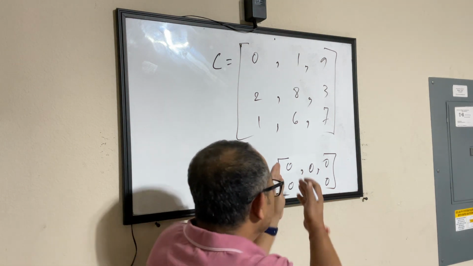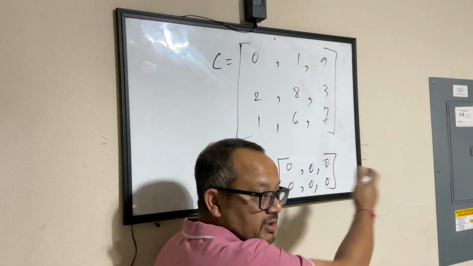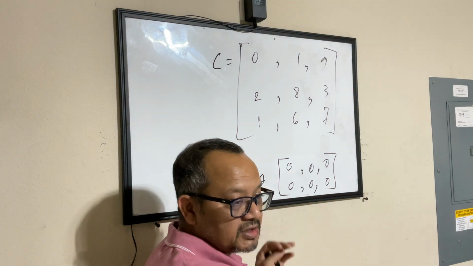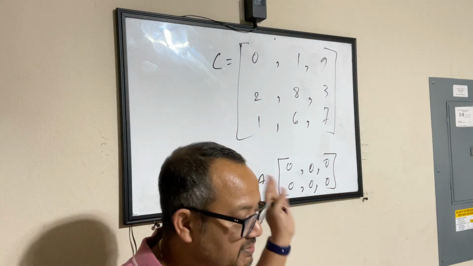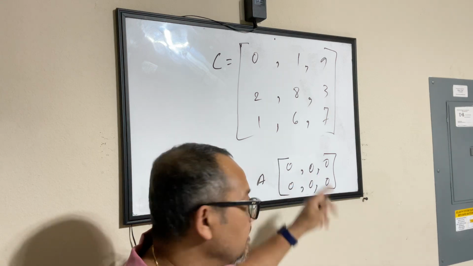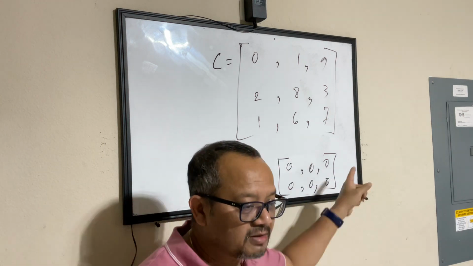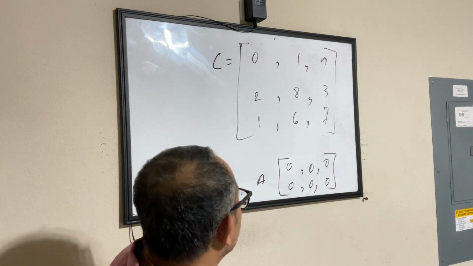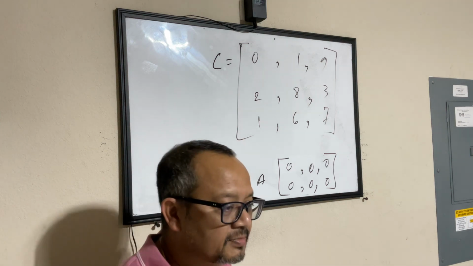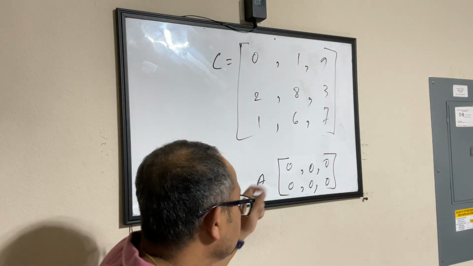Whether it's a 1 by 1 matrix, 1 by 2 matrix, 2 by 1 matrix, 2 by 2 matrix, 2 by 8 matrix, 3 by 9 matrix, whatever the dimension, if each and every element of the matrix is 0, it's a zero matrix.